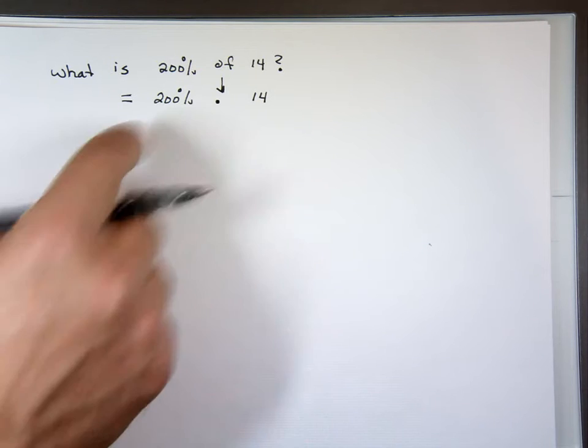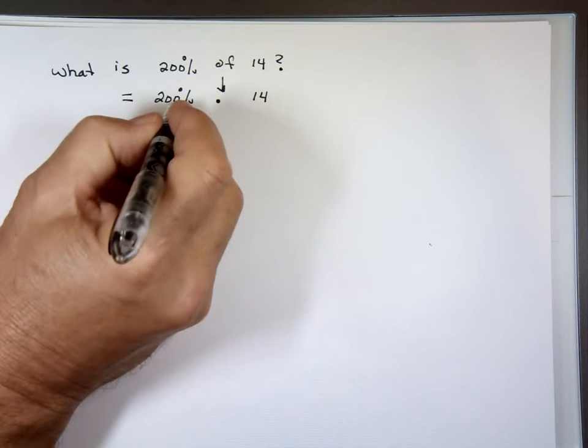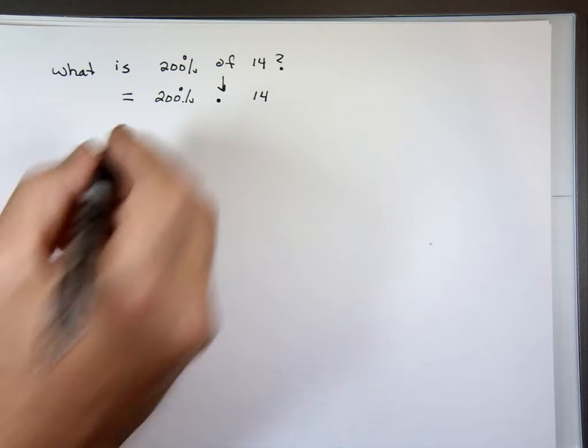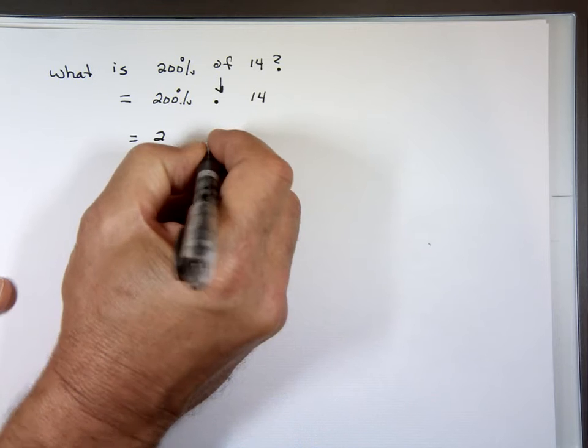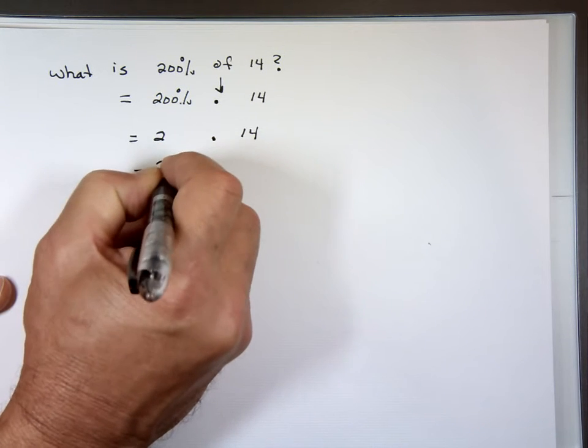We're going to change that from percent to a decimal. We're going to move the decimal point which way? To the left 2 places. Where's the decimal point right now? Right now at the end of that 0 here. So if you move it 2 places, it's going to end up being what? 2. So what's 2 times 14? 28, right?